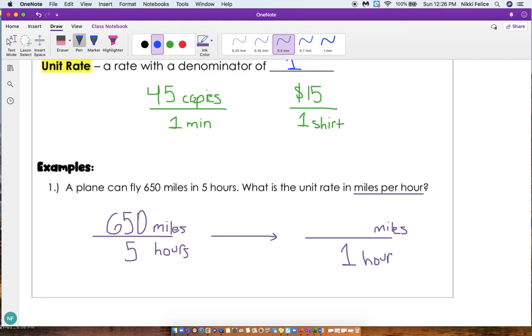To get from 5 hours to 1 hour, I have to divide by 5. 5 divided by 5 will give me 1, which means I also need to do 650 divided by 5. Now 650 divided by 5, if you don't know what that is off the top of your head, set up your long division on the side. I'm going to skip that part for now. 650 divided by 5 is 130, so my unit rate is 130 miles per hour.